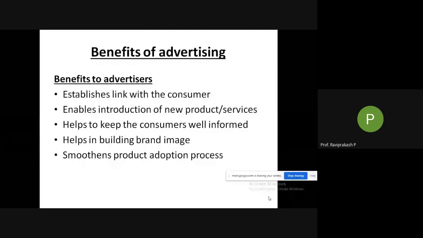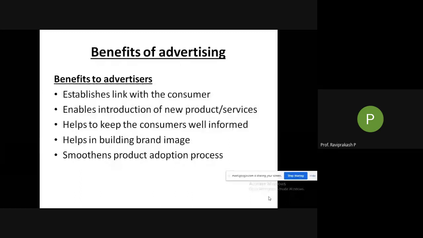Whatever is happening, some new upgrades in the company, everything will be communicated. If they want to bring new technology in, they say okay, we are ramping up the technology, we are bringing technology from this company or from this country. This will help all the consumers know what is going on in the company.